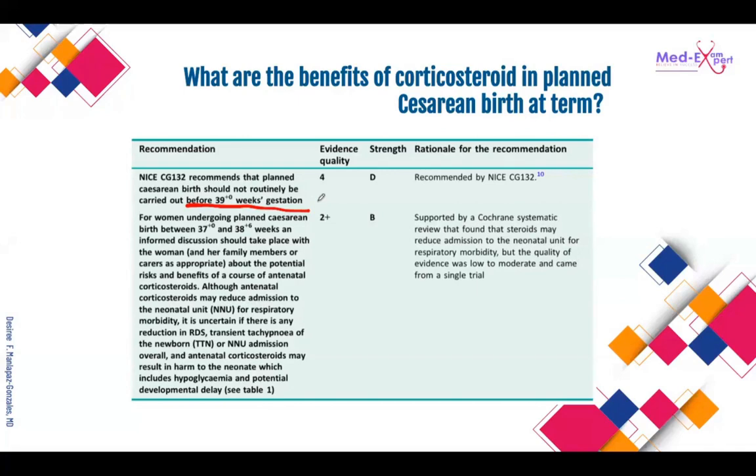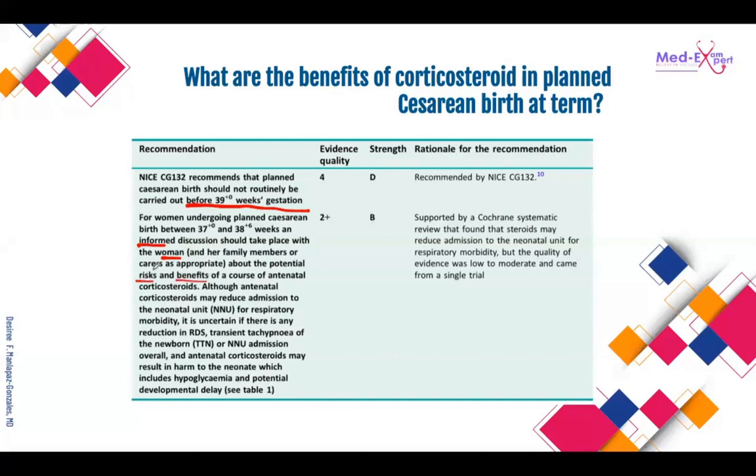Okay, because what they say is, for women undergoing cesarean section from 37, the beginning of term, until 38 plus 6 weeks, an informed discussion should take place between the women, because of the potential risks and benefits, of course, of antenatal corticosteroids. So what are these potential risks and benefits? Benefits, you know the benefits. What are the risks?